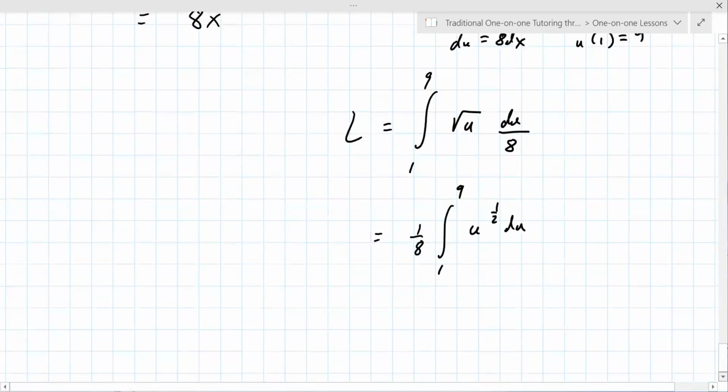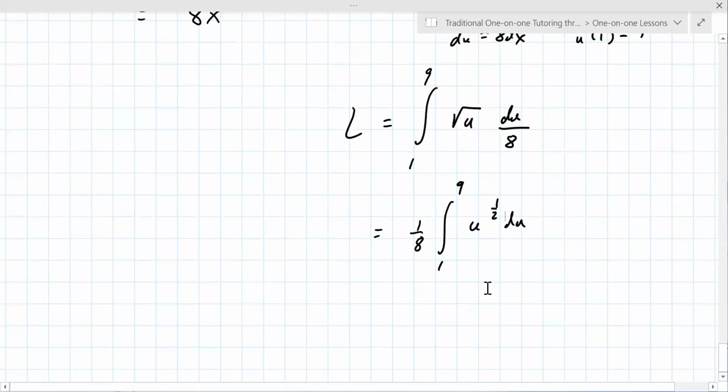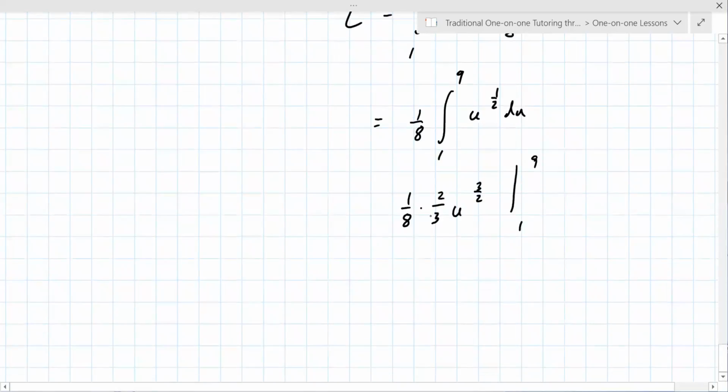And now it's just a basic, sorry, I jumped forward too much. It's just a basic antiderivative: u to the 3/2, 2/3 out in front, 1/8 here, evaluated from 1 to 9. And so that cancels that. So you get 1/12 times 9. Now, instead of writing 9, the more you do these, the more you realize I really just need it as 3 squared to be able to analyze this.